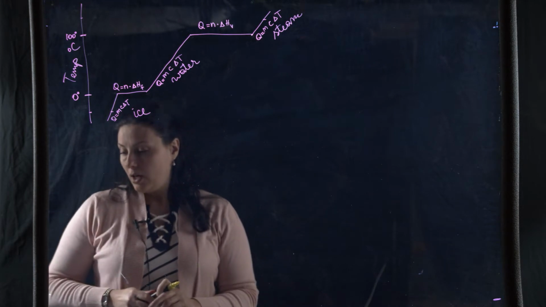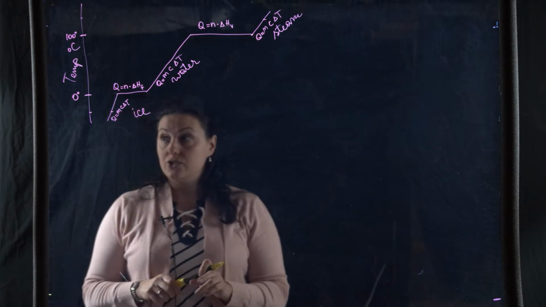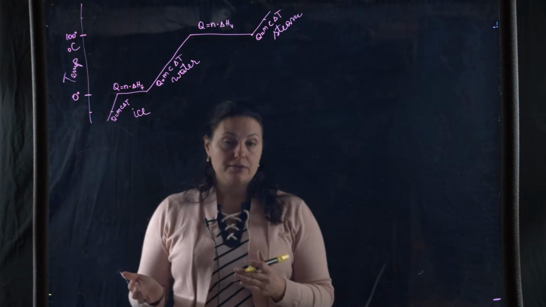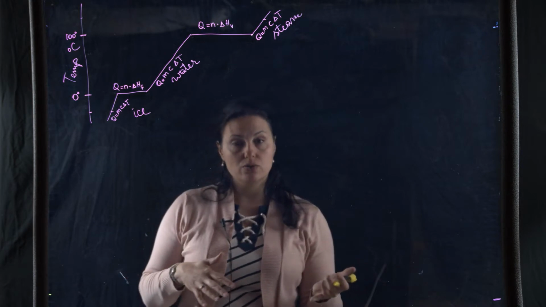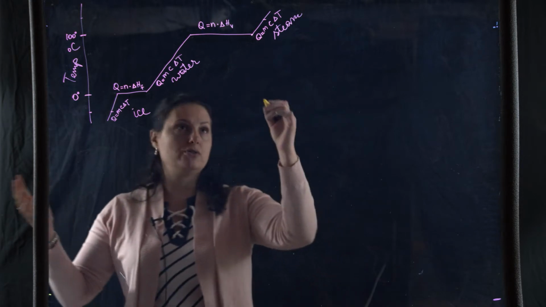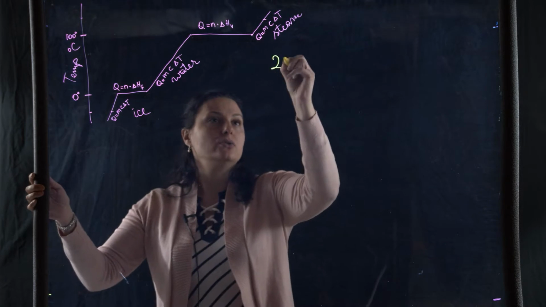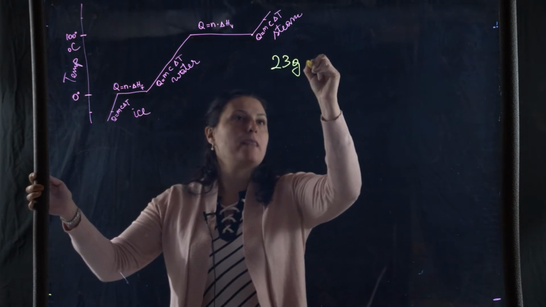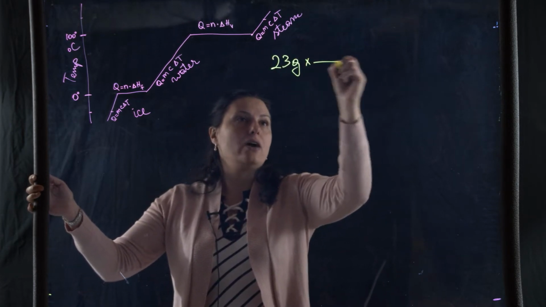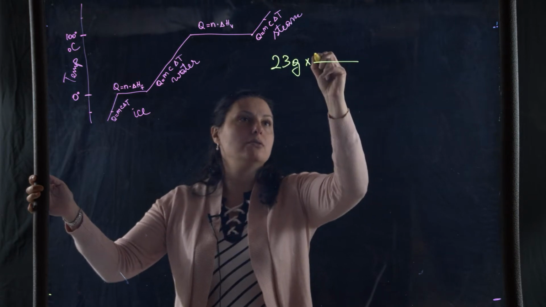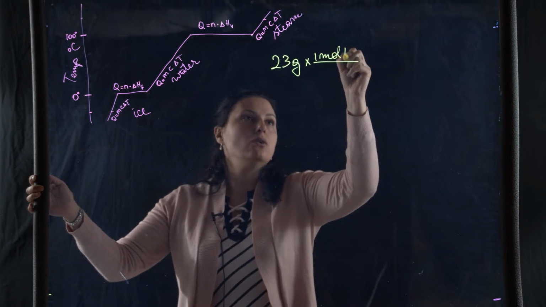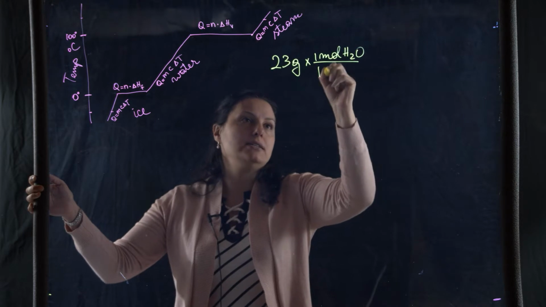The first thing that I need to do, once again, is convert the 23 grams of water into moles of water, because I'm going to be using that. And I know that 1 mole of water weighs 18 grams.